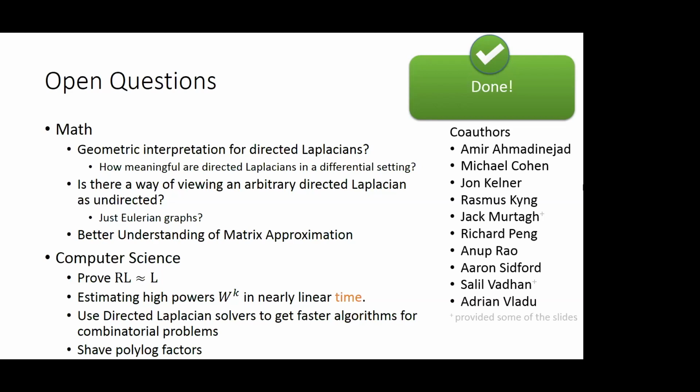In terms of the main barriers to RL versus L, the algorithms do pretty heavily rely on the fact that the graph is Eulerian. Even in the low space setting, the reason we're able to solve non-Eulerian things is that we have a reduction to the Eulerian case.